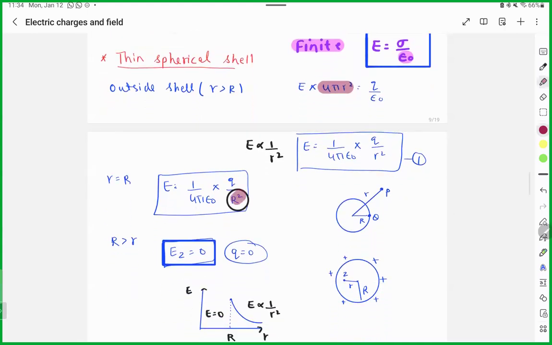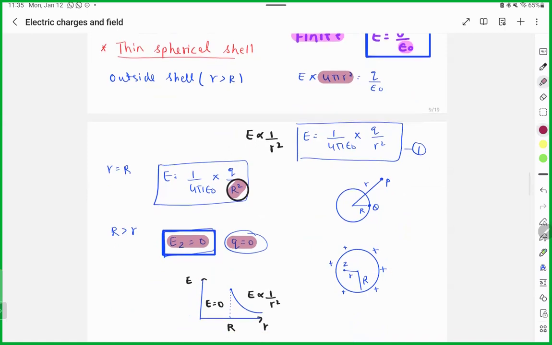At the surface, same thing. Inside, charge is 0, so electric field is 0. These are the 3 options for the electric field. Any doubt, guys? Inside it is 0, at the surface maximum, and after that it depends inversely on r square.